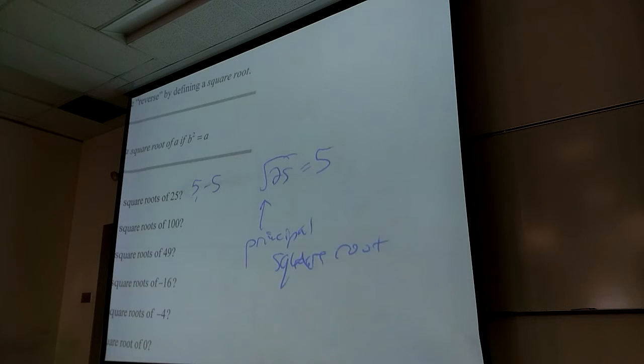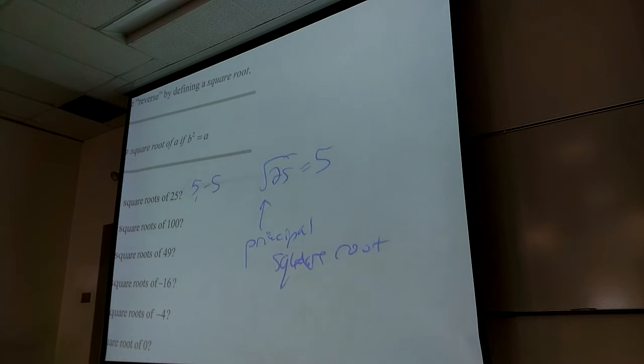Because what do I square to get 25? 5 or negative 5. So there are two square roots of 25, two numbers that it takes 2 of to multiply to be 25: 5 and negative 5. But when I write the symbol square root of 25, that wants the positive one. That's why the square root can only be positive. It's by definition. Always.